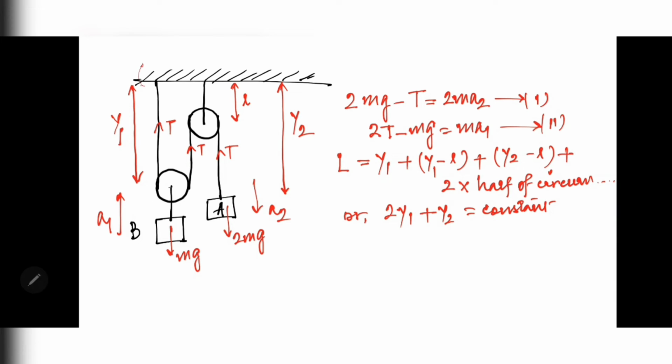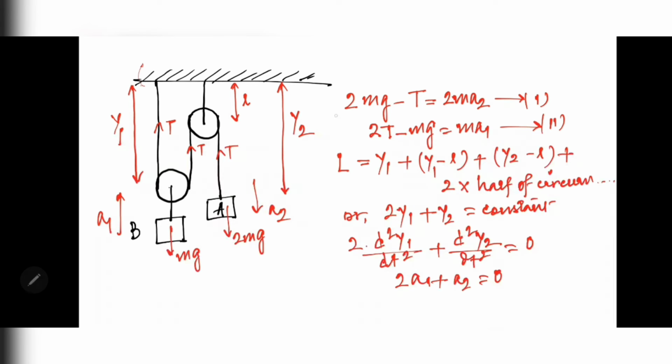Now differentiating twice with respect to t, we get 2 into d2y1/dt square plus d2y2/dt square equals 0. That means 2a1 plus a2 equals 0. That means acceleration of body A is twice the acceleration of body B.